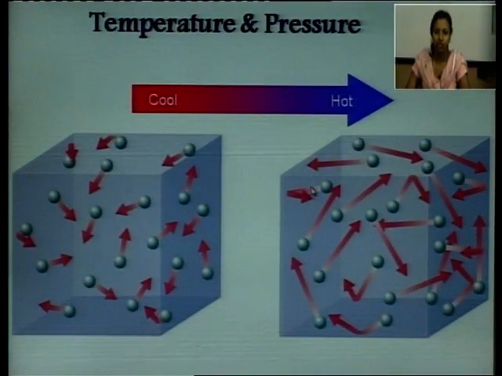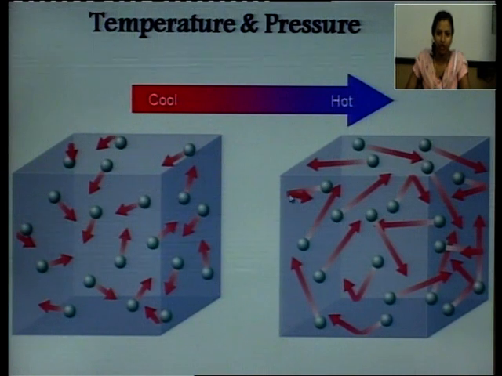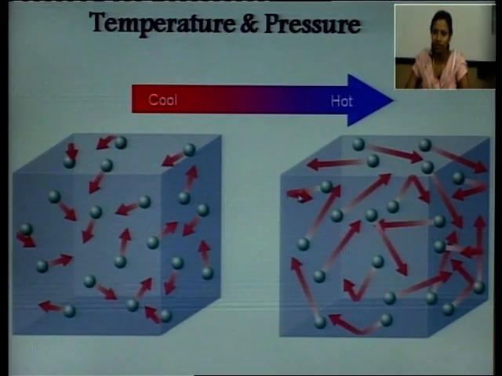If a particle is colliding here with mass m and velocity v, and we suppose there is no loss of energy in the collision, then the momentum is mv, but here the direction is changing, so it is minus mv. So the total change in momentum from this position to the back position is twice mv.